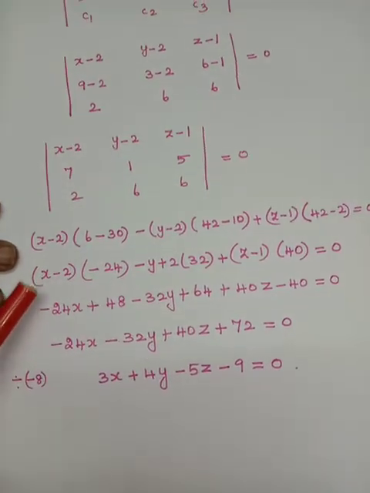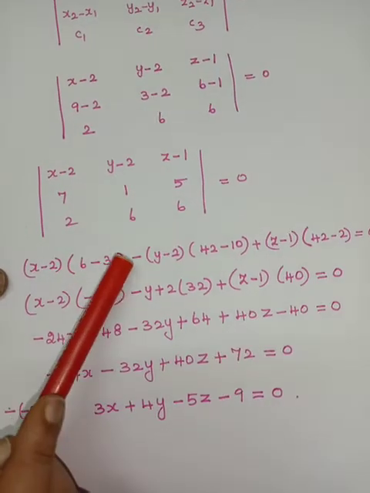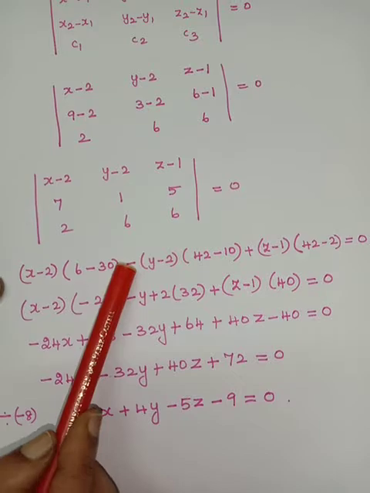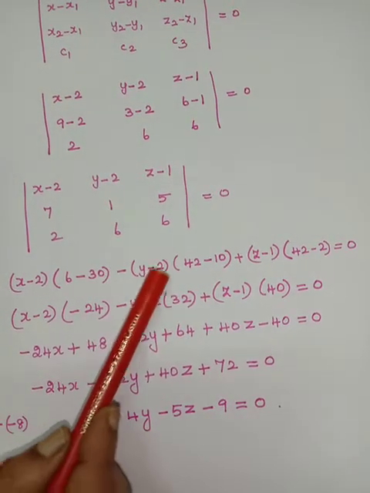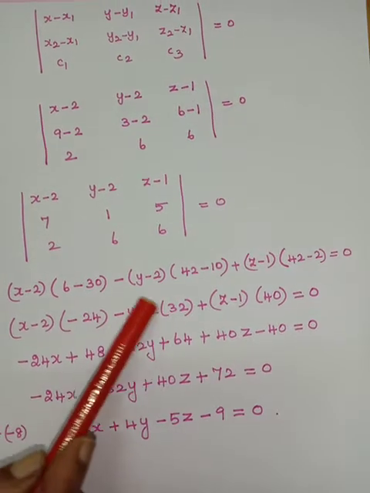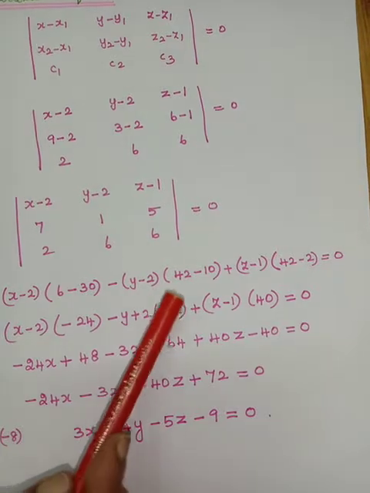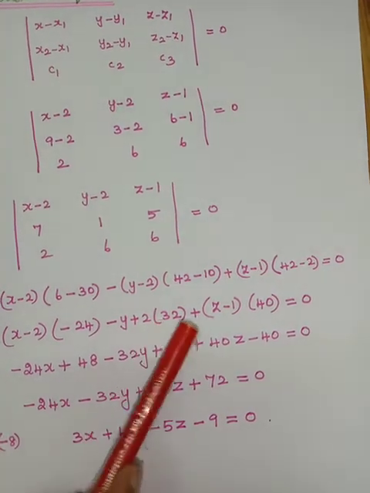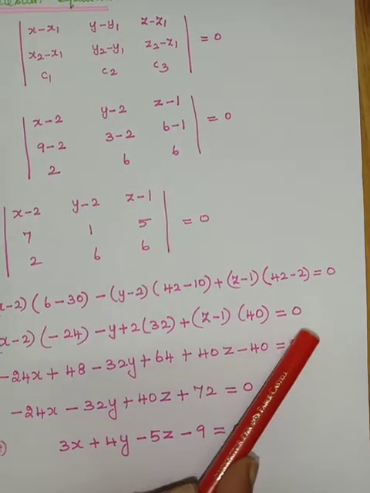So see now, x minus 2 into 6 minus 30 is minus 24. So what I did here, I applied the minus to both the terms. So minus y and minus into minus plus 2. Here in this step I didn't use the bracket because I applied the minus to both the terms. Into 42 minus 10 is 32, plus z minus 1 into 42 minus 2 is 40 which is equal to 0.